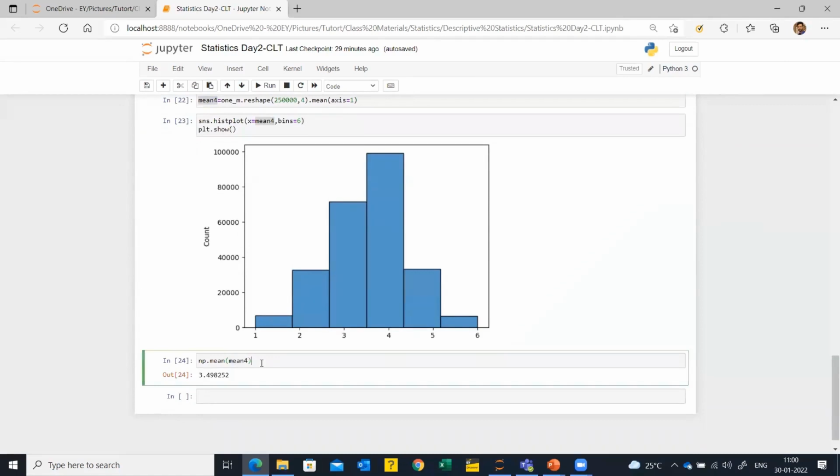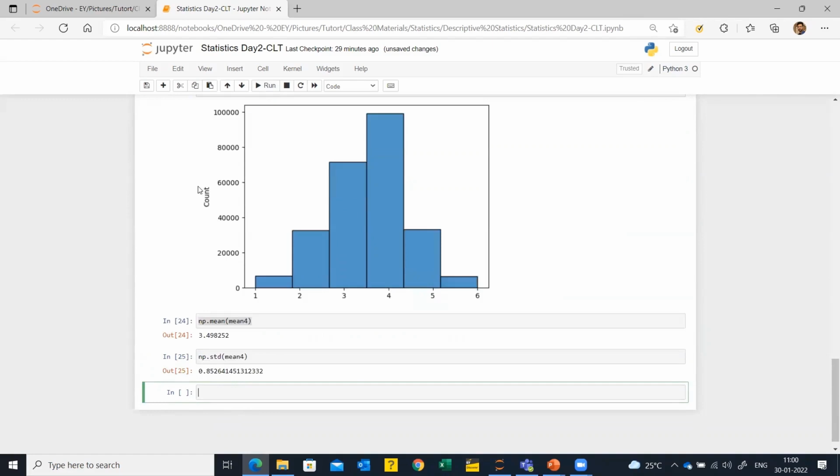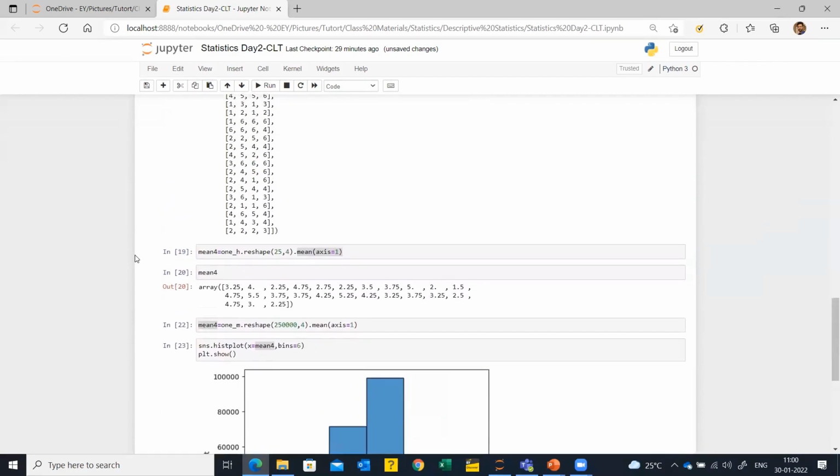Similarly, if you calculate the standard deviation, what will happen? Anyone tell me? Is it going to be the same? No. It would be sigma by root n. Yes. So if I just copy this and do a std, it will give you a standard deviation which is less, right? Why is it less?